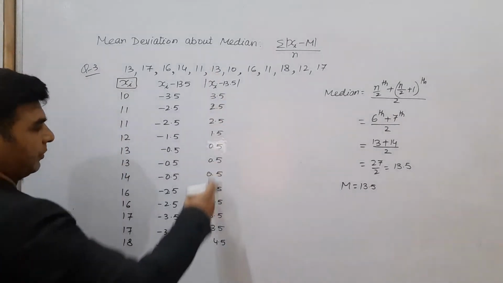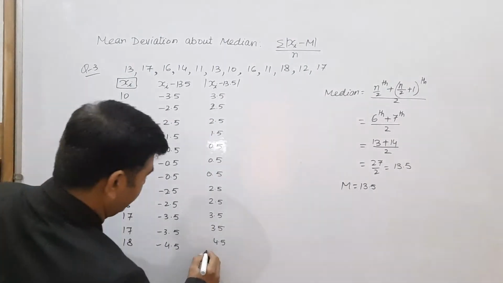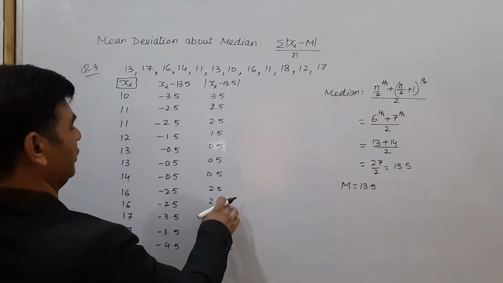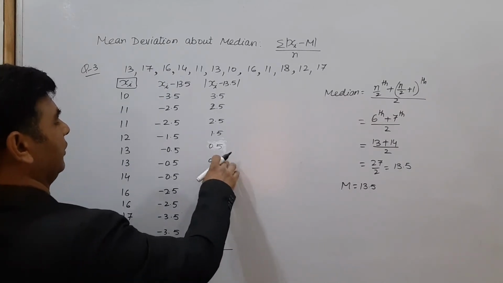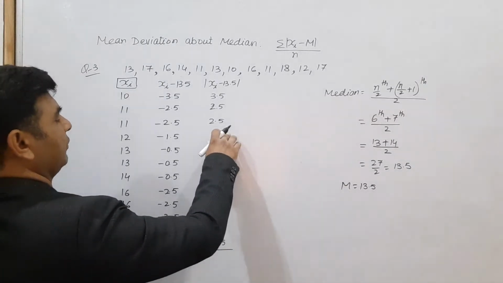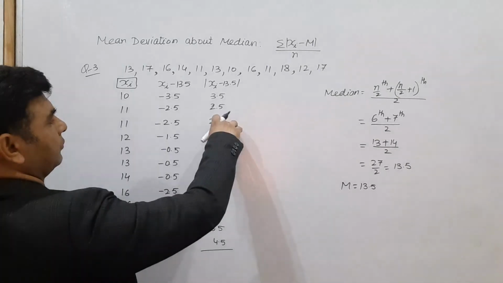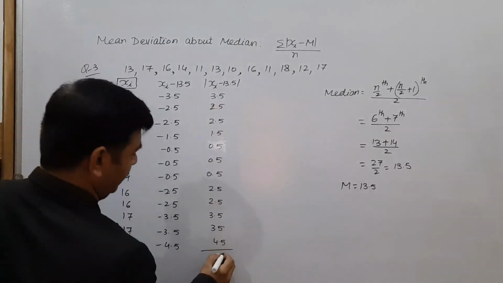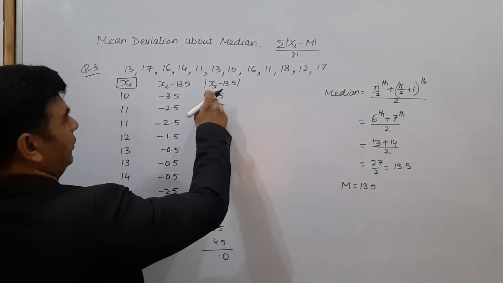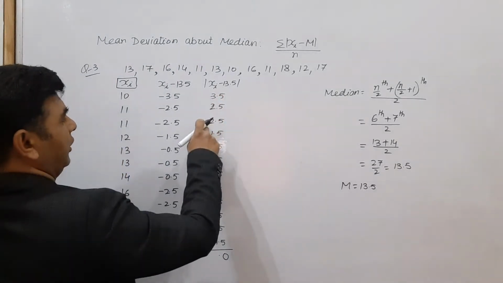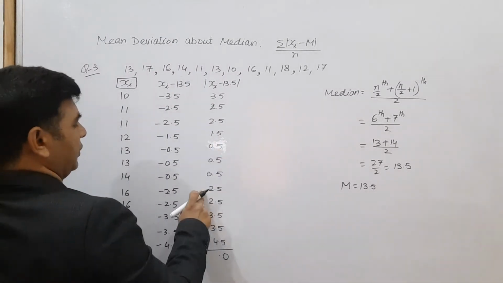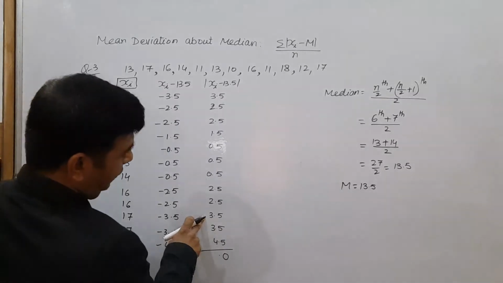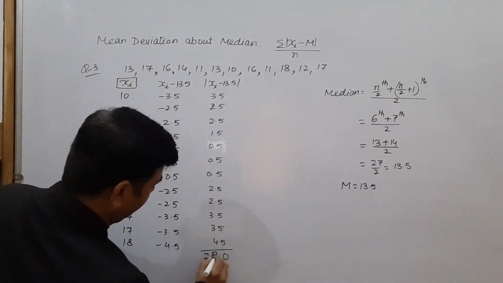Now क्योंकि हमें इसका summation लेना है, तो sum of all the terms will be given by, I think, 5, 10, 15, 20, 25, 30, 35, 40, 45, 50, 55, 60. So answer is your 28.